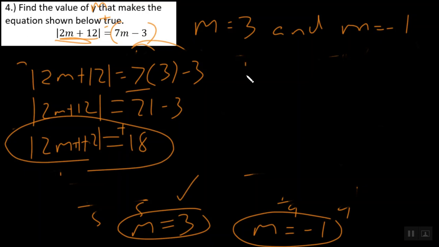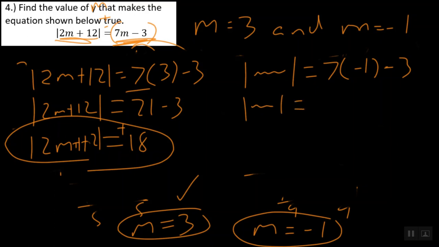Now let's check out the other side. We could really say the absolute value of whatever is inside there is equal to 7 times -1 minus 3. So remember, I'm pulling that from that 7m minus 3. Then we have the absolute value of whatever is equal to 7 times -1, -7 minus 3, and the absolute value of whatever is equal to -10.